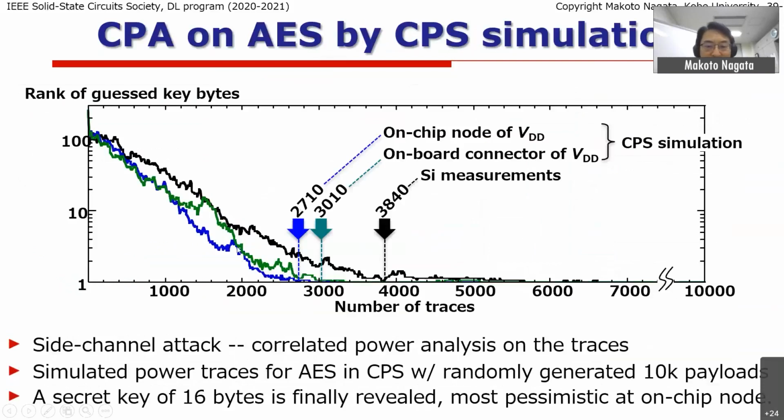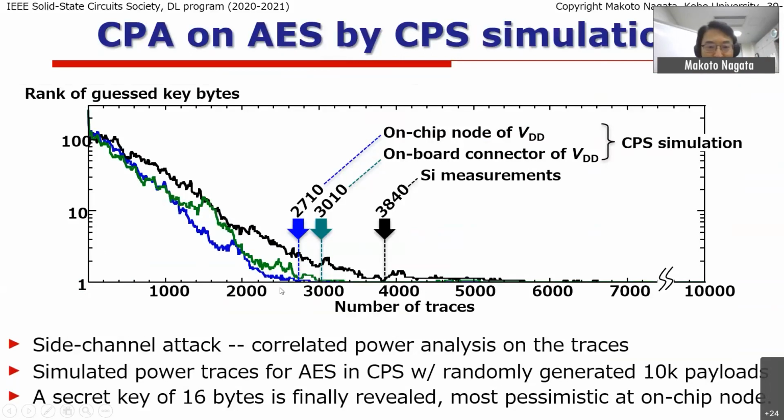I think this should be the last slide of my presentation today. The horizontal axis gives you the number of traces, once again, and number one is the rank of the guessed key bytes. In this case, the number one rank is the most relevant key byte to the input wave shapes simulated or by the measurements.